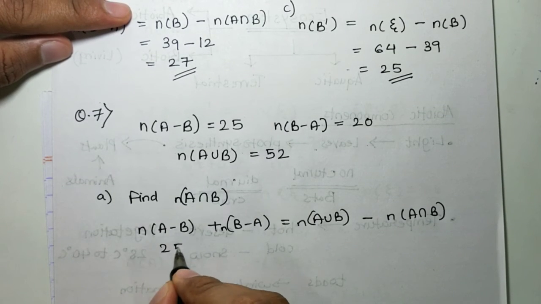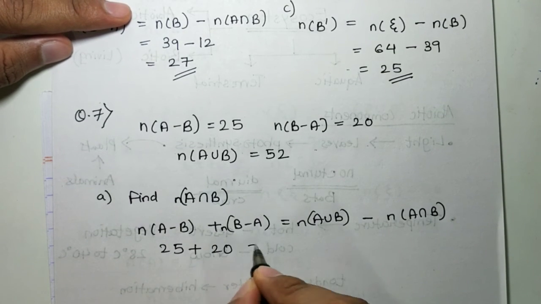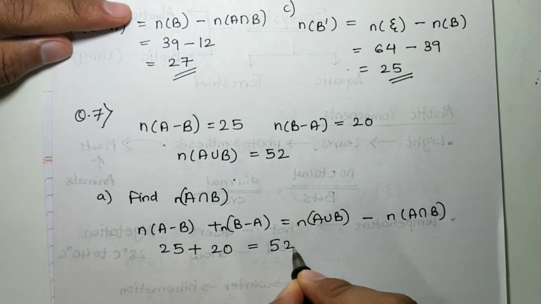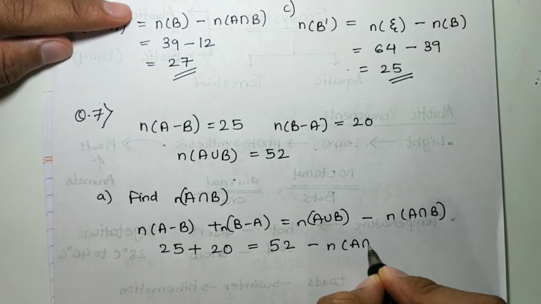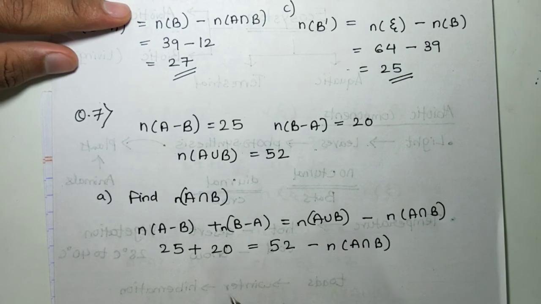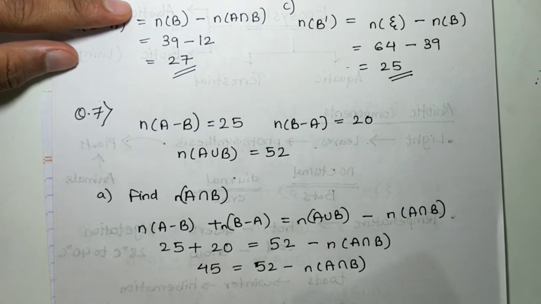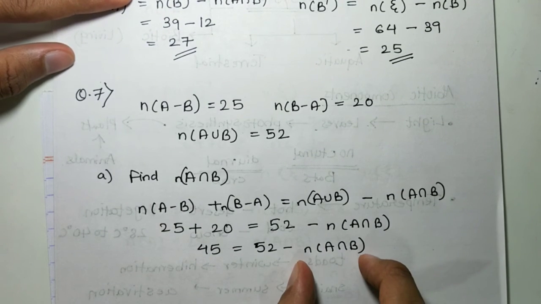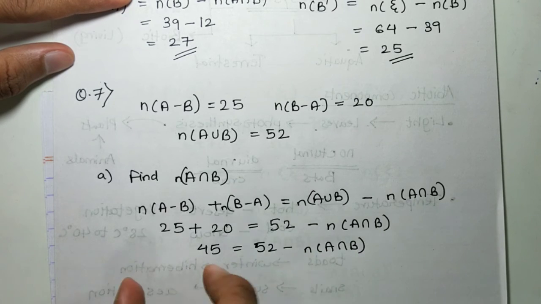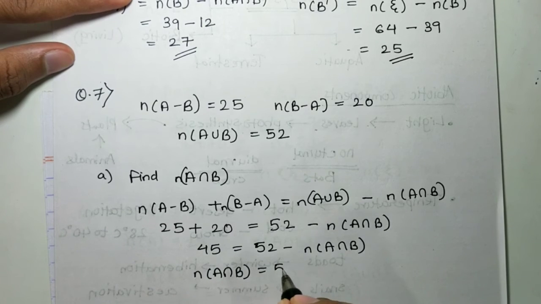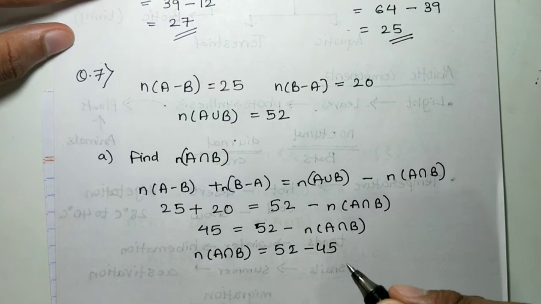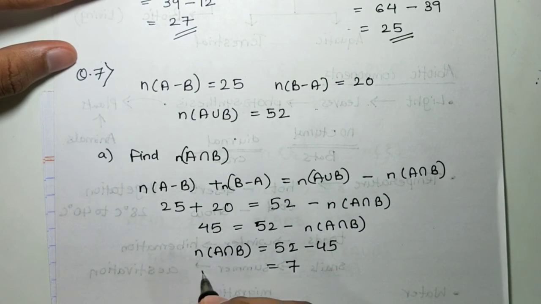So A minus B means 25, B minus A means 20, A union B is 52 minus A intersection B. So 45 equals 52 minus A intersection B. Now shift this minus A intersection B to the left hand side, so it becomes plus A intersection B, and this 45 will come here, so 52 minus 45 becomes 7.